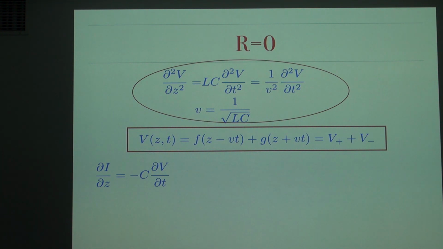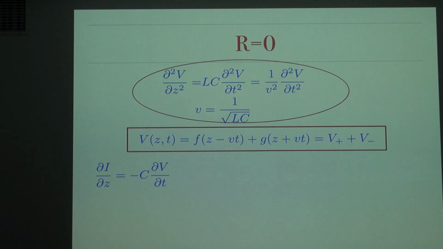So this is a one-dimensional wave equation, and this equation was first solved by Riemann, who observed that the solution of that equation has very strange properties, namely, if we have two arbitrary functions, f and g, completely arbitrary, then the general solution of the wave equation in one dimension is a combination of one function which depends on z minus vt, and the other function, which I call g, which depends on z plus vt.